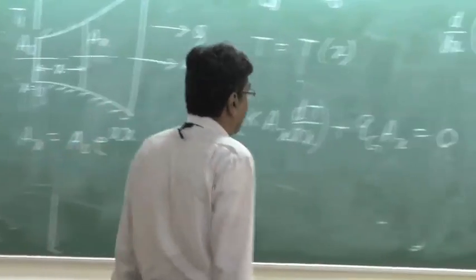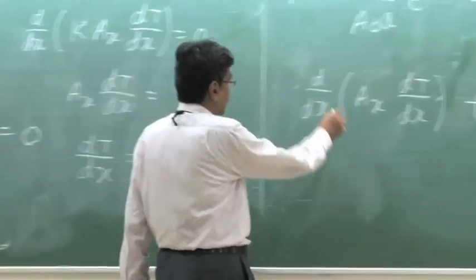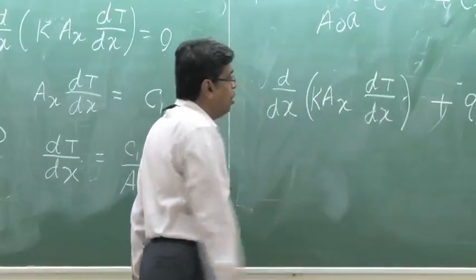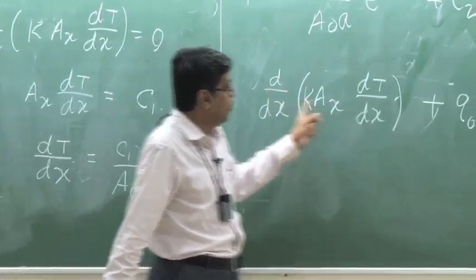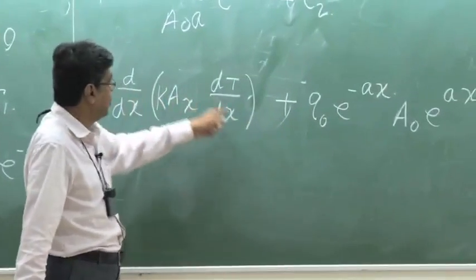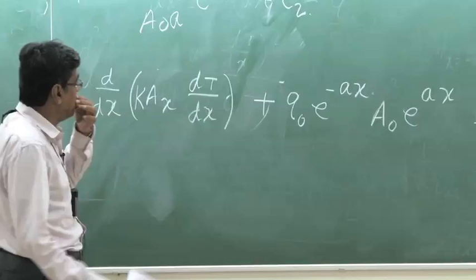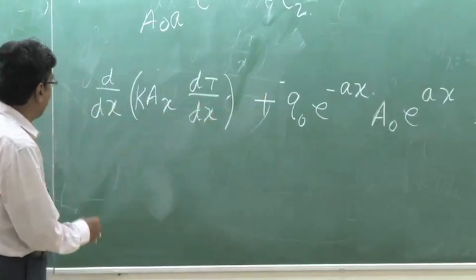Qg, K, sorry, K will be there, I am sorry. Now, if K is constant, then K will come out, K will go here, it doesn't matter. Divided by this, e to the power minus Ax and e to the power Ax will cancel out.